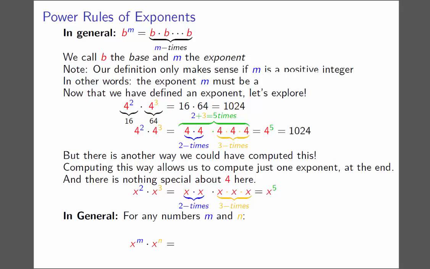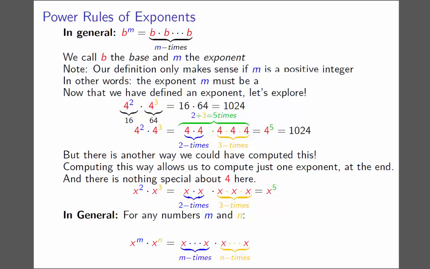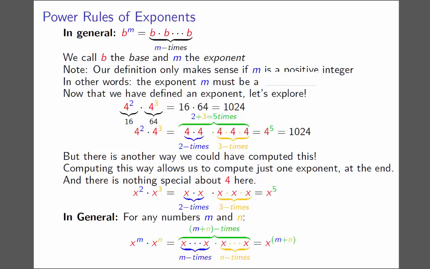And in general, for any numbers m and n, x to the m times x to the n is x first multiplied by itself m times for x to the m, then x multiplied by itself n times for x to the n, to have a total of m plus n times. So we get that x to the m times x to the n is x to the m plus n.